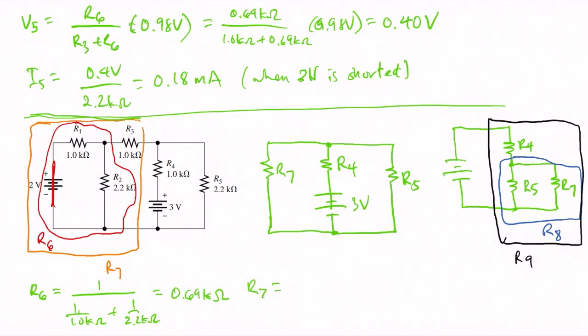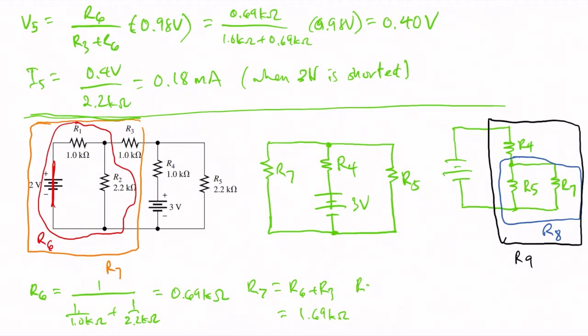Next we solve for R7. R7 is equal to R6 plus R3 because they are in series. Since R3 is 1 kilo ohm, this will be 1.69 kilo ohms. And then R8, as we see from here, is a parallel combination of R5 and R7.